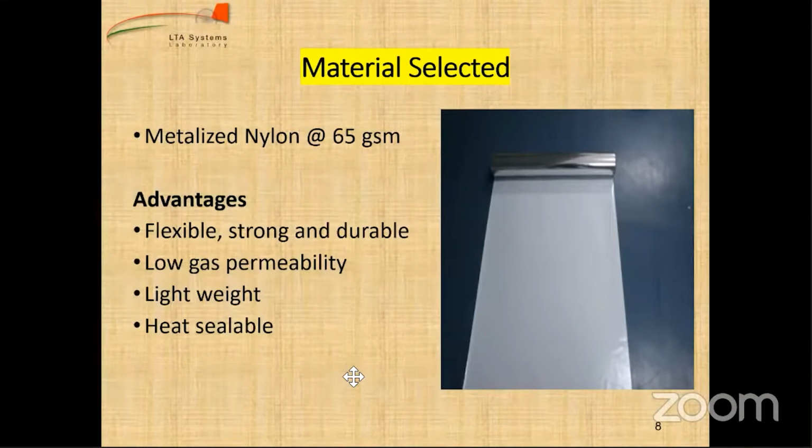This particular material has good flexibility, is strong, durable, has low permeability to gas, is lightweight, and is a heat sealable material. When I was doing this course, we did experiments using this material. It's a very good material and easily handleable, and we are going to use it for our tutorial session today.